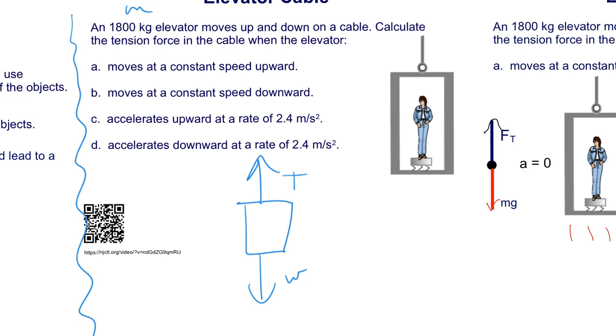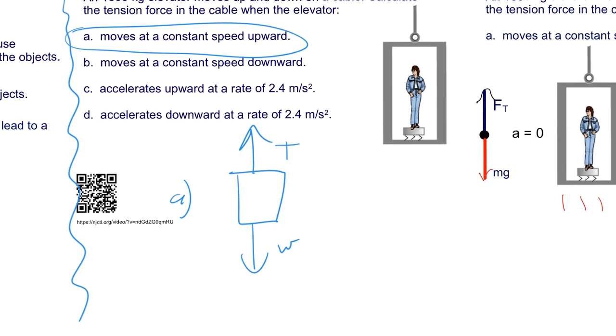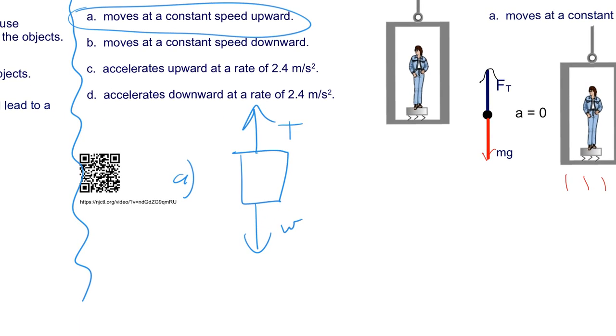Okay, so it's moving at a constant speed. This is part A. A would be 0 if you're moving at constant speed. That means net force would be 0. That means T and W cancel each other out.